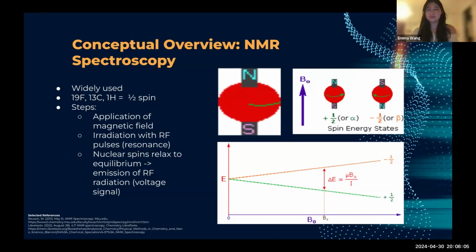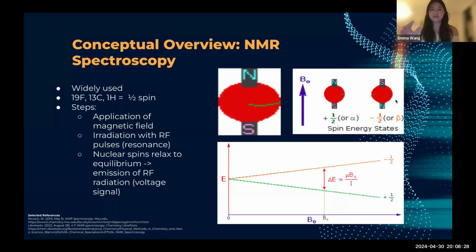And when you apply that magnetic field on the fluorinated or carbonated compound, the spin states of the atoms will either align with the magnetic field, which is called B naught over here, or go against it. And these two spin states are called the alpha and the beta spin states.